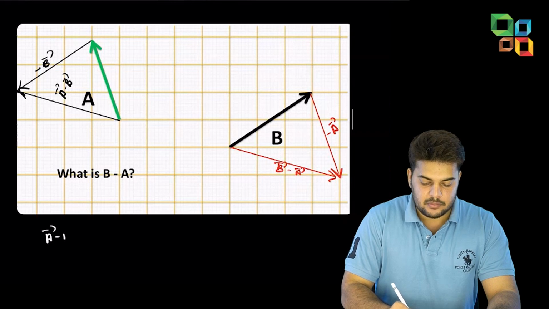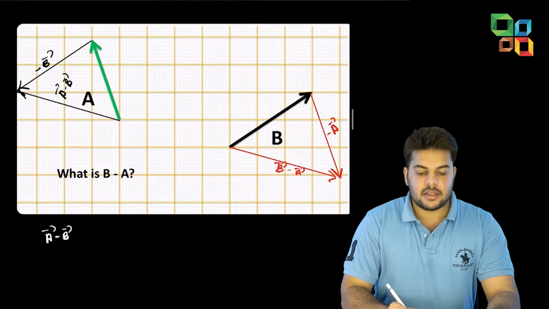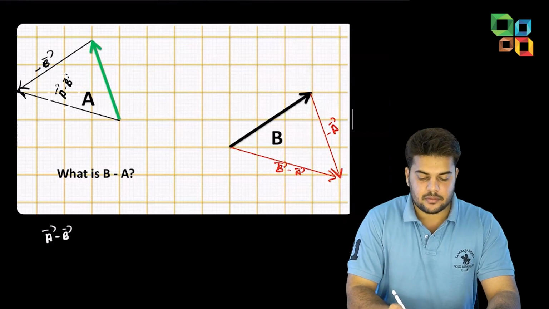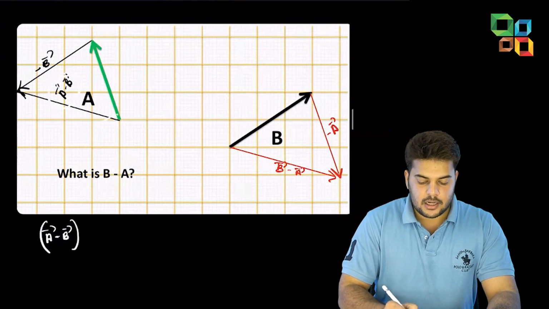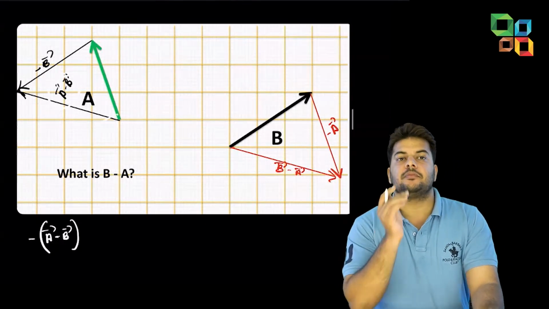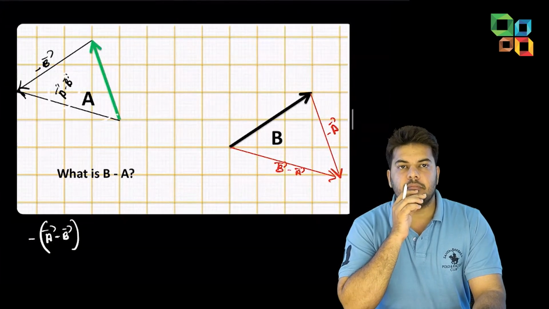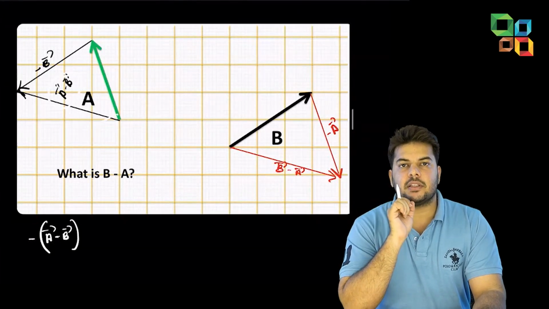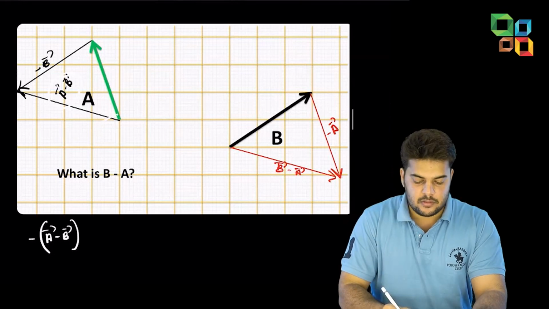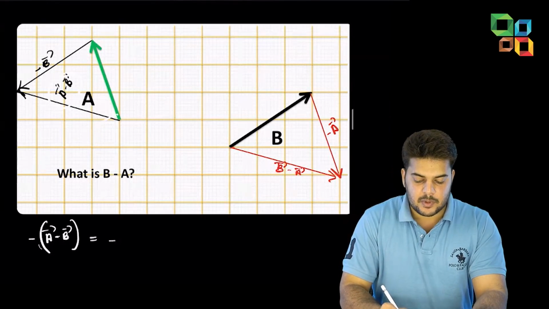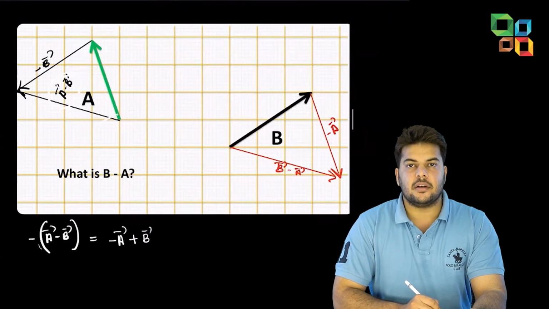So basically, if I take A minus B, what is A minus B? A minus B is this vector over here, and see what its opposite is. What is the opposite of A minus B? Just multiply by a negative sign, isn't it? That's what we do. I just flip the vector. So what happens over here? This becomes minus A, and minus into minus is plus B vector.